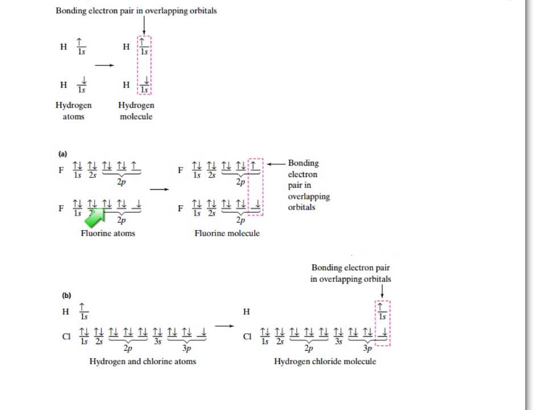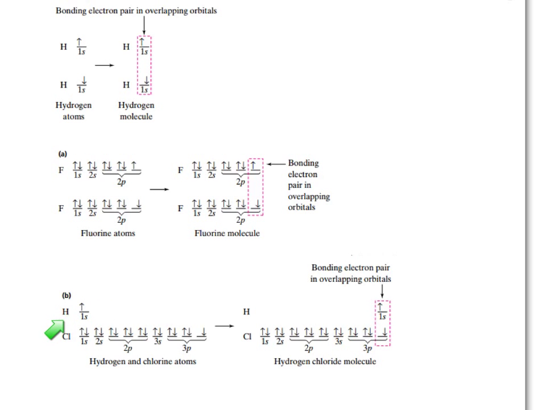We've got another fluorine that has 7 total, so they are going to covalently bond and share so that they can have that noble gas configuration. Now when this one borrows this one, it has 8, and when this one borrows this one, it has 8.